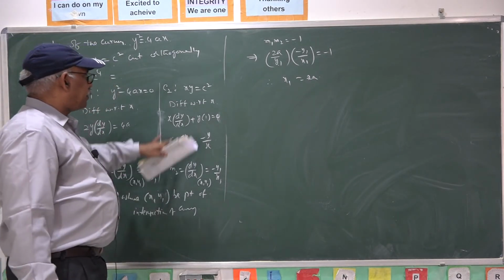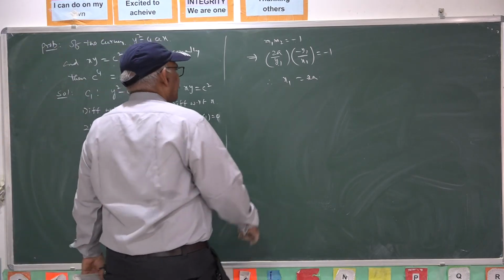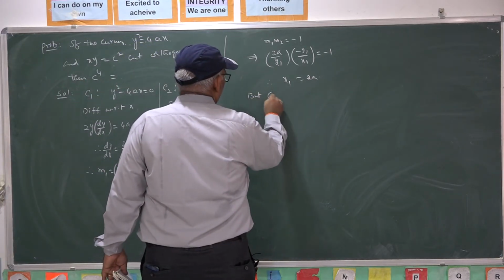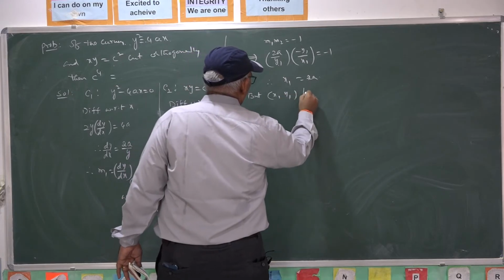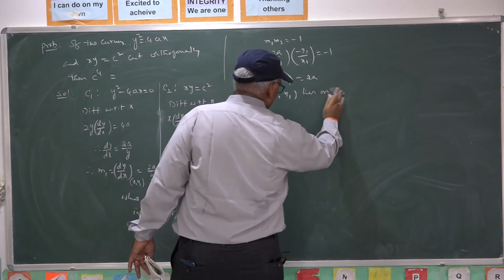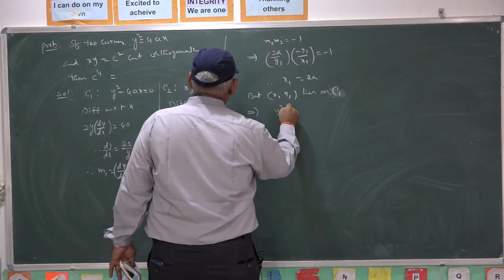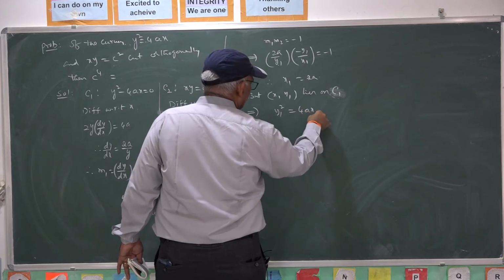But x1 y1 is the point of intersection of the curves, so it lies on the curve C1, which implies y1 square equal to 4a x1.